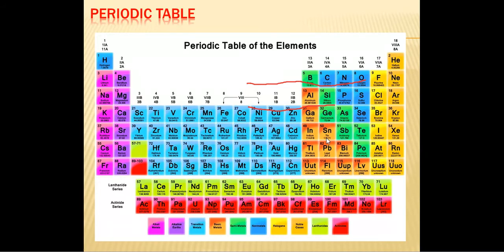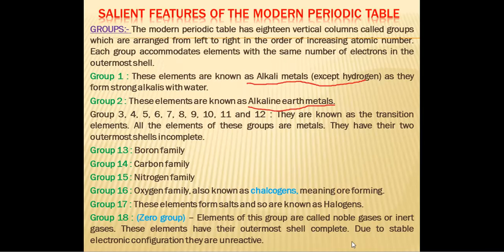Examples of metalloids are gallium, and so on. We have to remember that groups 3 to 12 are the transition elements. They all are metals, and they have their outermost shell incomplete.